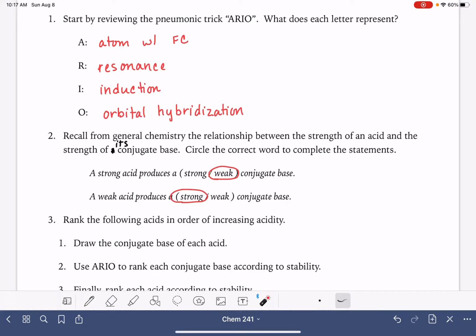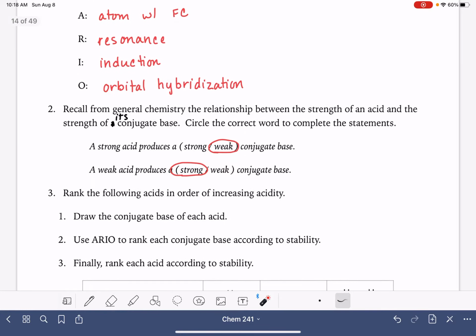There's this inverse relationship. The stronger the acid is, the weaker the base is, and the weaker the acid is, the stronger the base is, and that relationship works in the other direction as well. So if you have a strong base, it produces a weak conjugate acid. If you have a weak base, it produces a strong conjugate acid. Again, there's always this inverse relationship.